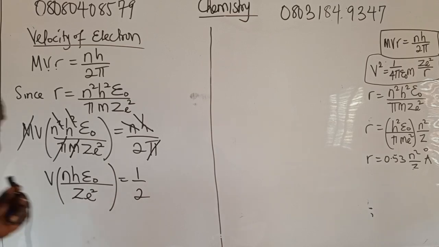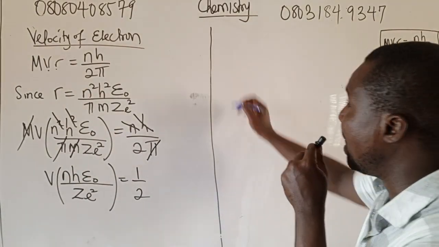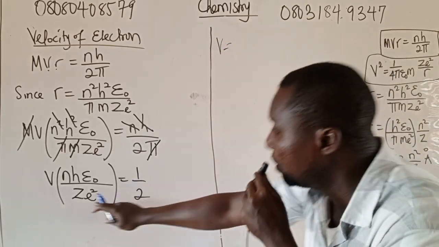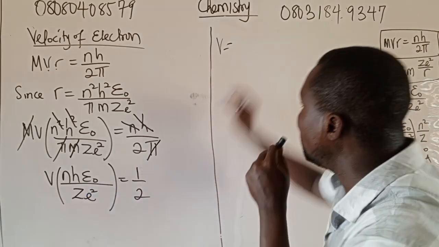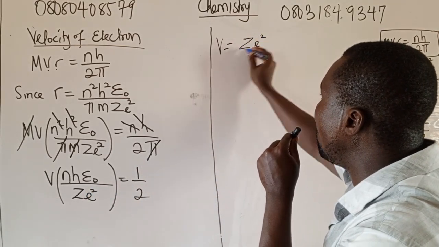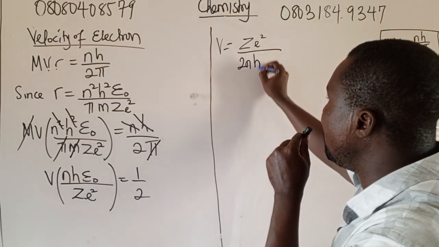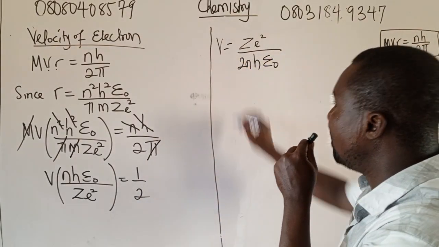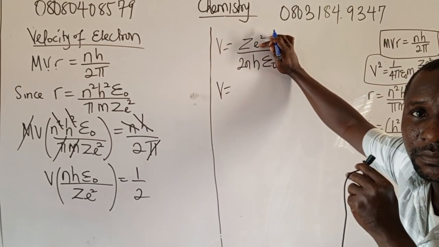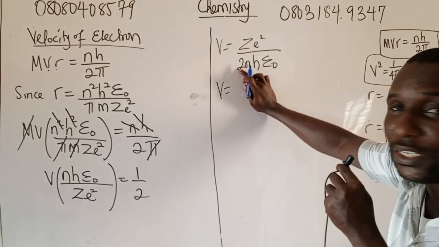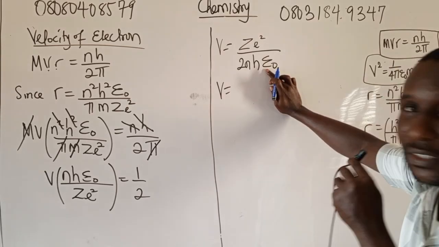Don't forget, I want to make v the subject of the formula. What will I do? I cross multiply, so v equals 1 times Z e squared over 2 n h epsilon naught. Then collect all the constants. Charge is a constant, 2 is a constant, h is a constant, epsilon naught is a constant.